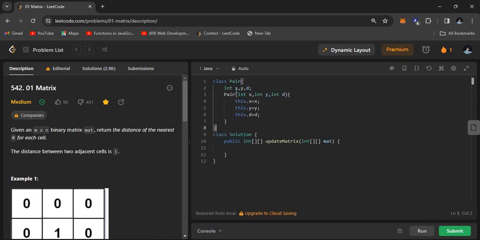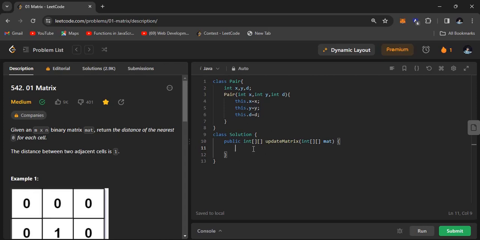I have already written the pair class in another article, so let's copy and paste that, and this will be your pair class. There will be a need to use this.